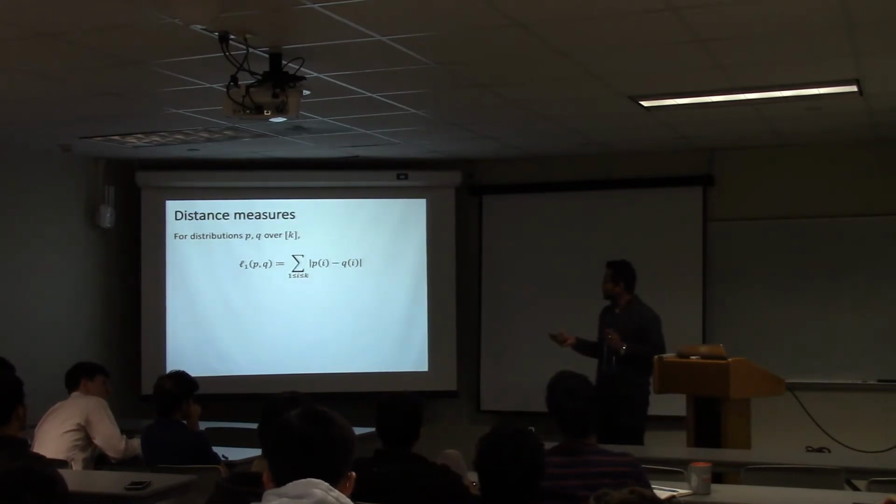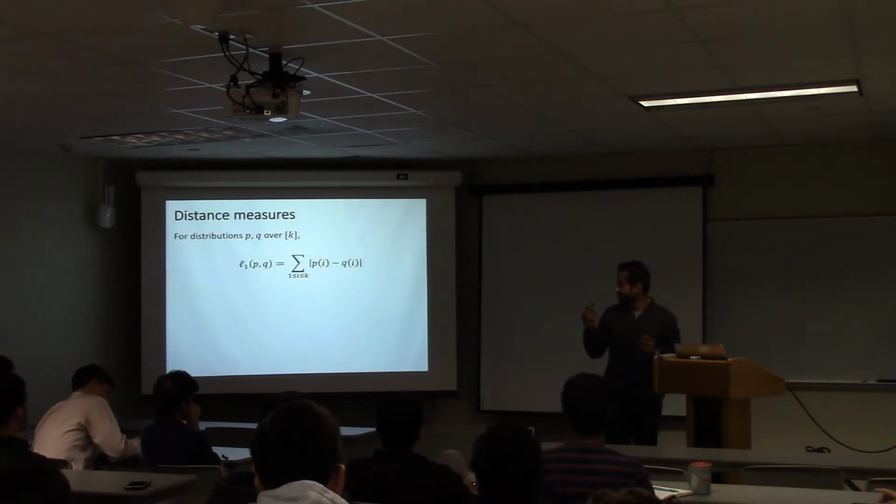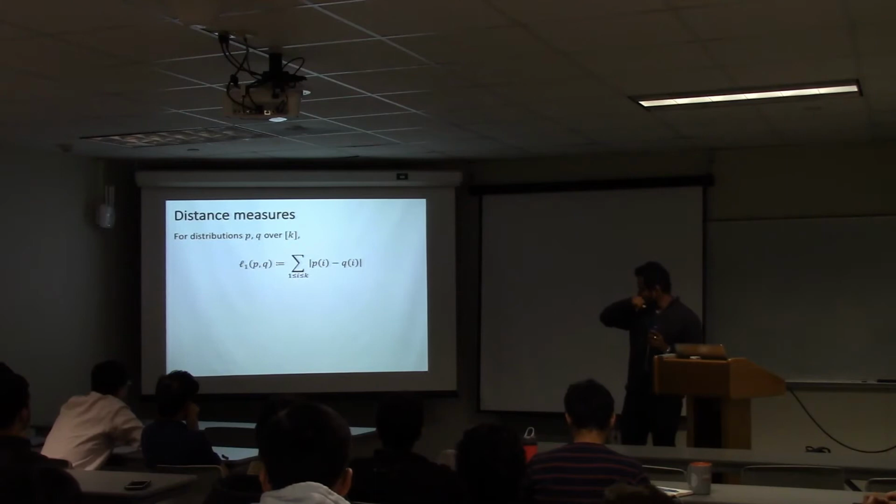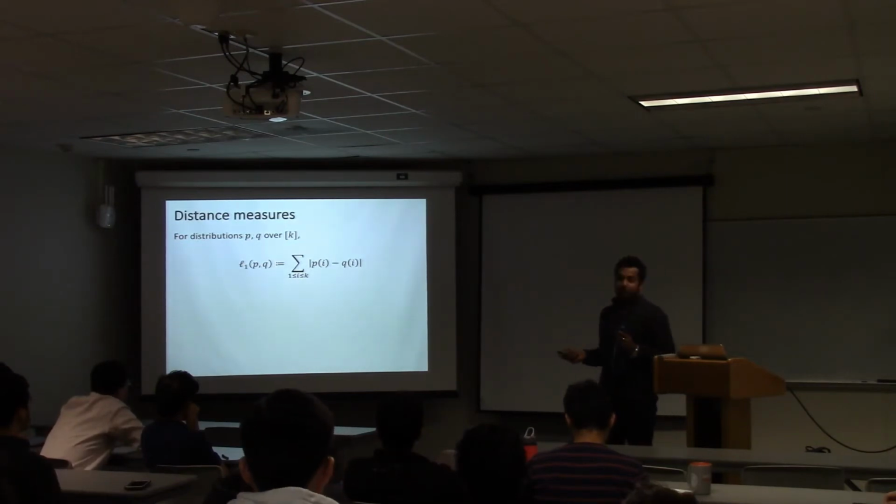Throughout this talk we are only going to look at the L1 distance between two distributions. It's also twice the statistical distance or the total variation distance, and it's just defined as the L1 norm of the difference of the two distribution vectors.